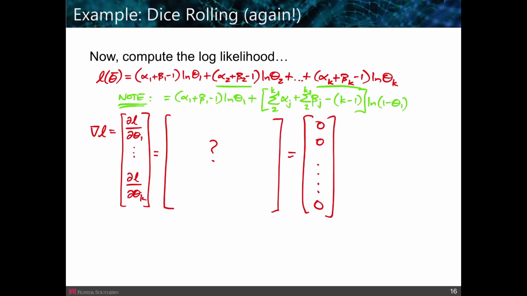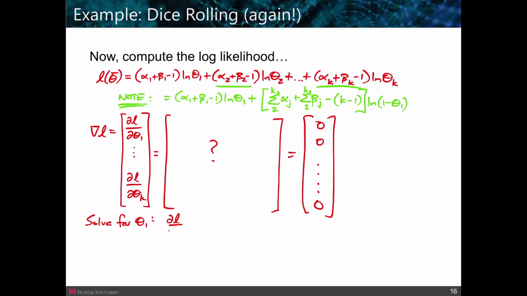The main thing is that if we're trying to maximize this, we're going to set it equal to 0 and solve for the unknown values. So let me demonstrate how we would do that for the first one. I'm going to solve for theta 1.